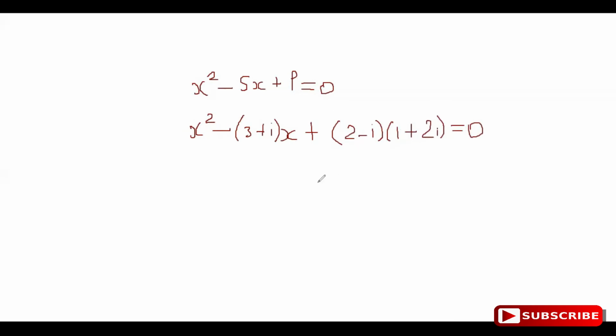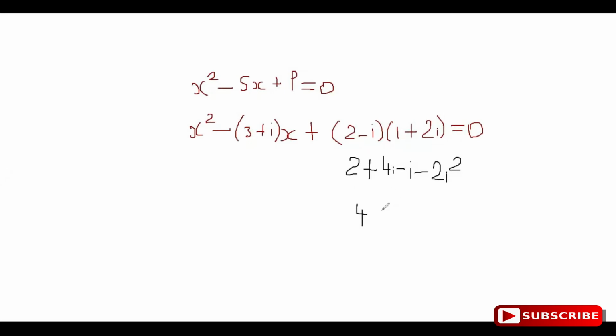We already know the first part, so let's just work on multiplying this part now. This times this becomes 2, this times this becomes 4i, this times this becomes minus i, and this times this becomes minus 2i squared. Now i squared is negative 1, so this becomes positive 2. 2 plus 2 is 4.